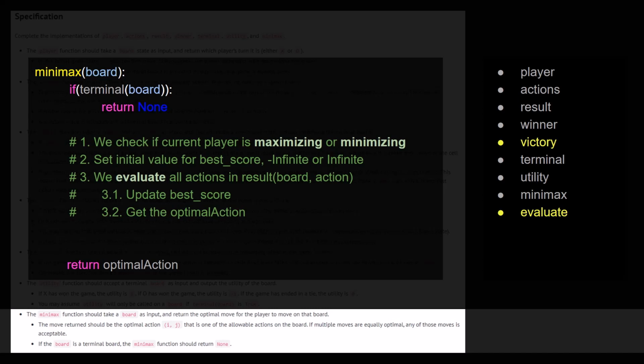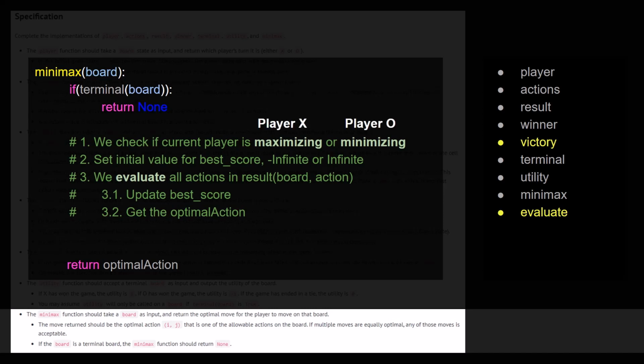On the other hand, if we start from infinity, we are trying to minimize, so any other value will be less than infinity. That's why we have the evaluate function, which is another one that I created, and it returns the optimal score. In that way, we can update and get the optimal action.